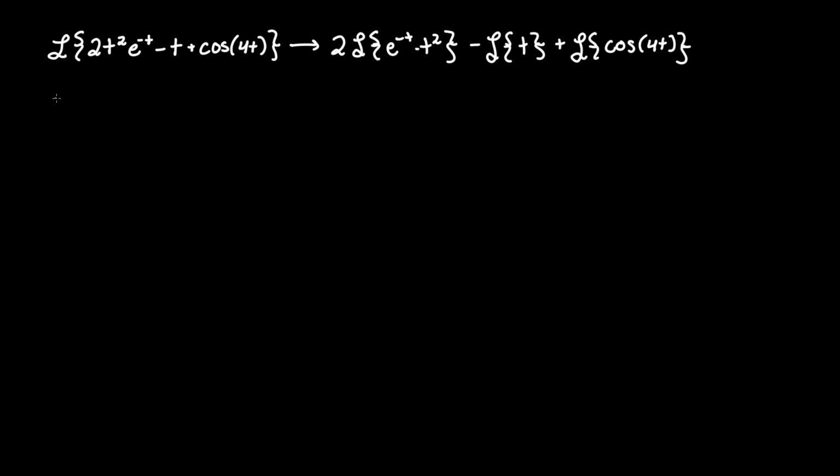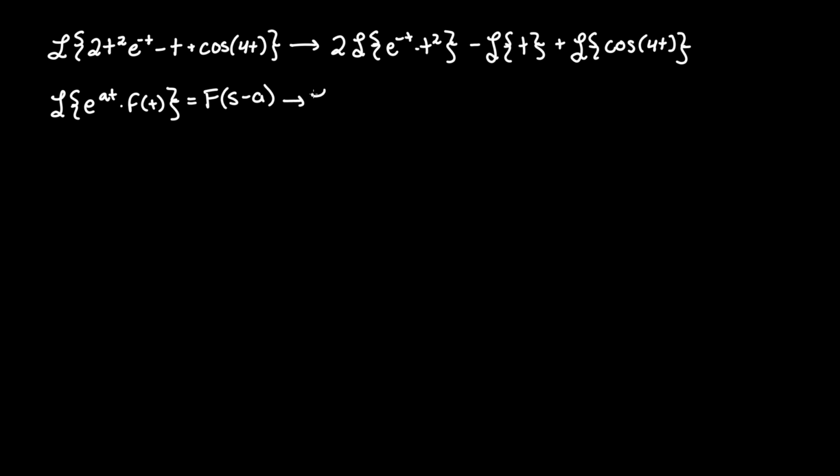So let's look at the property of the first term, where Laplace of e to the at times f of t in the time domain will equal capital F, now in the Laplace s domain, of s minus a, where a is the exponential coefficient.